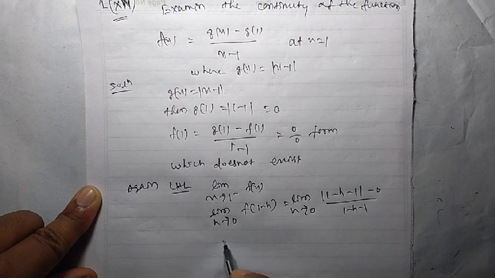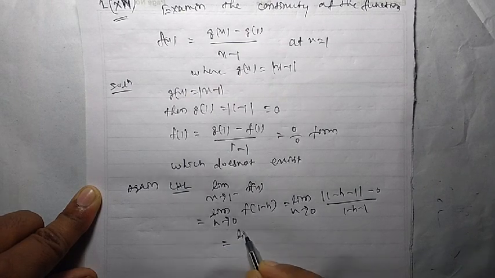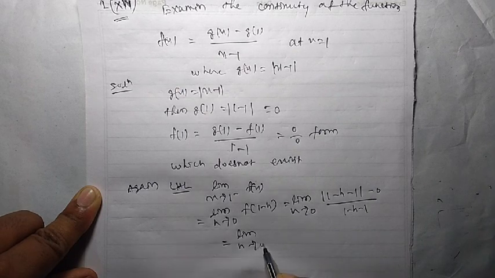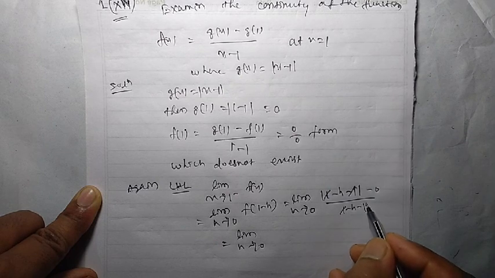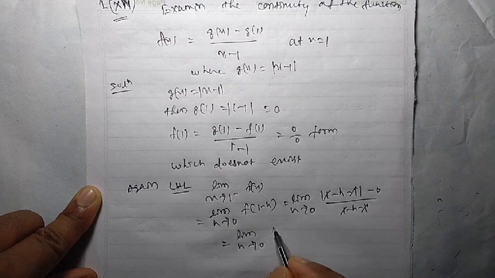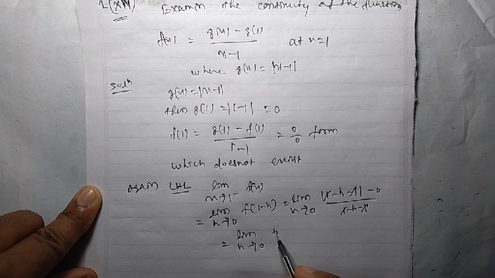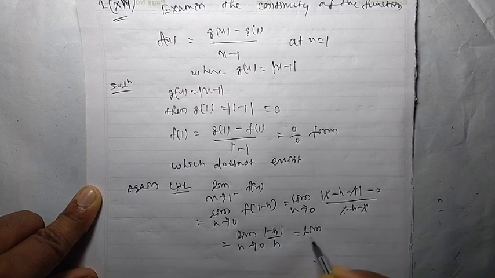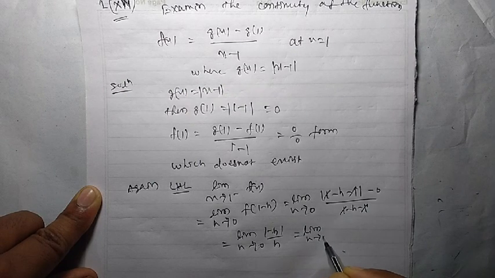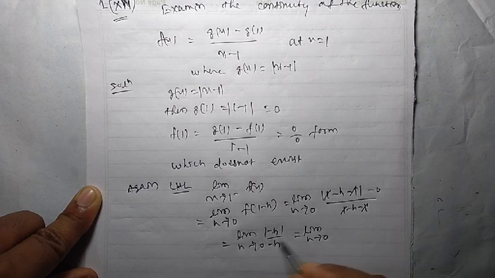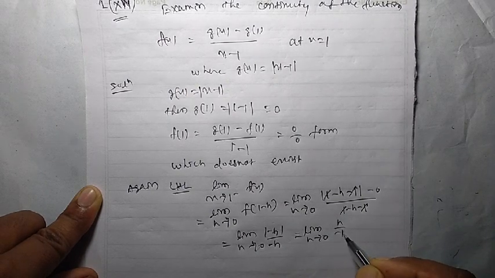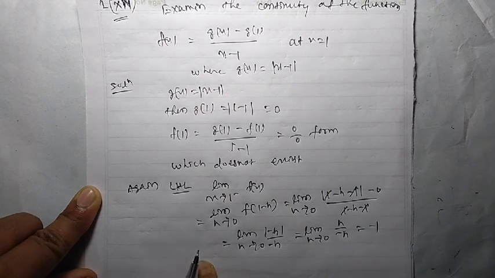The 1 and minus 1 cancel out, so it is mod of h by minus h, which is limit h tends to 0 of h by minus h, equal to minus 1.